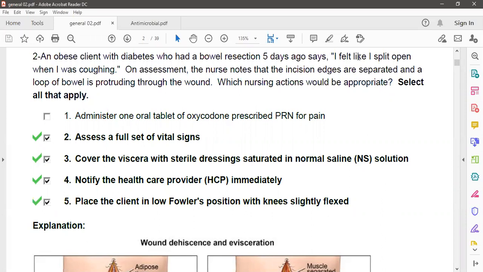It's very common. So good education, good posturing, and good care are very important for the patient in the post-operative state. During the assessment, the nurse noted that the incision edges are separated and a loop of bowel is protruding through the wound. It has already come out.